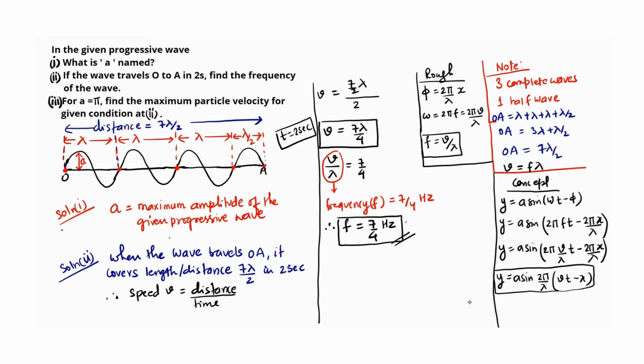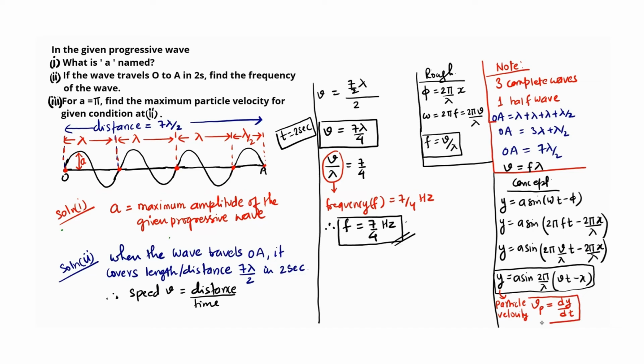Now the particle velocity, let us denote it by symbol Vp. This equals dy by dt.